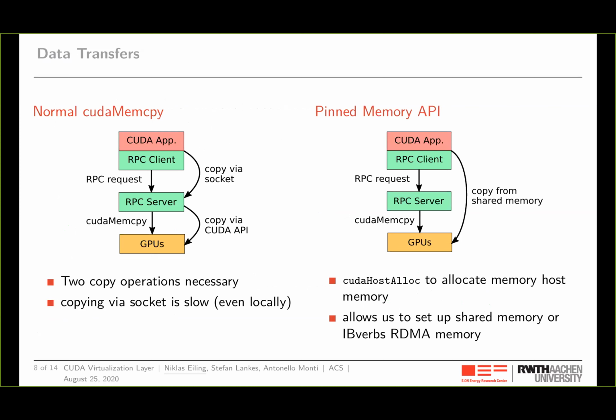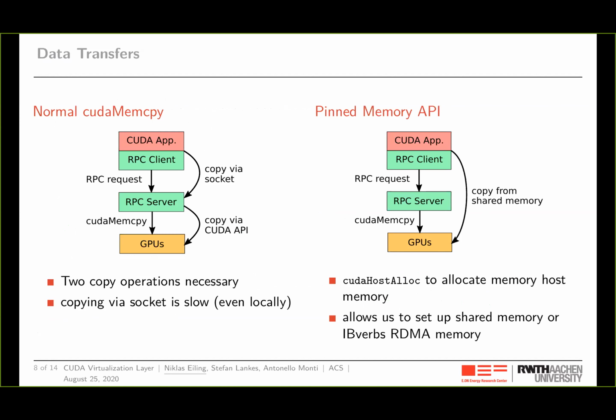Another big point is data transfers via CUDA memcopy. While most APIs can be just done via the remote procedure call mechanism, for data transfers we have to give a little bit more thought.